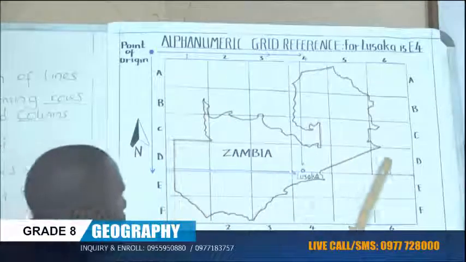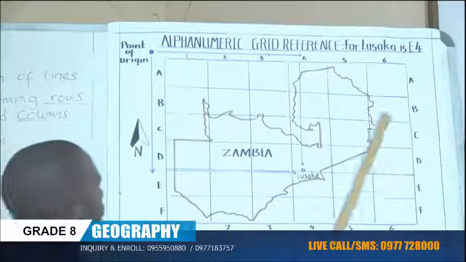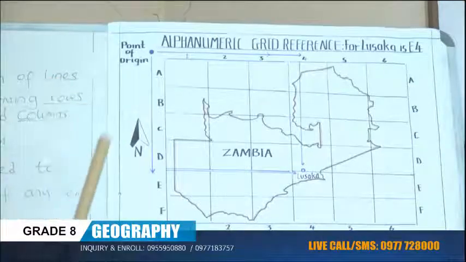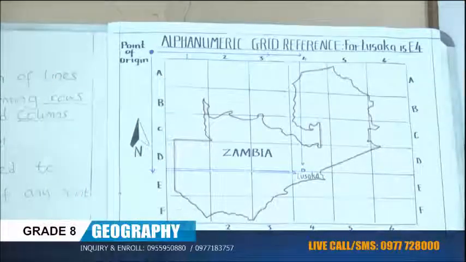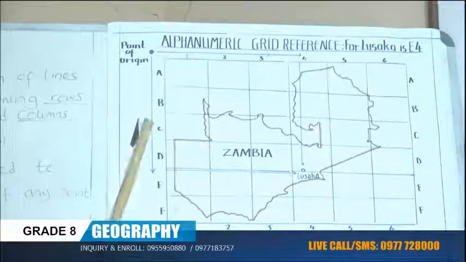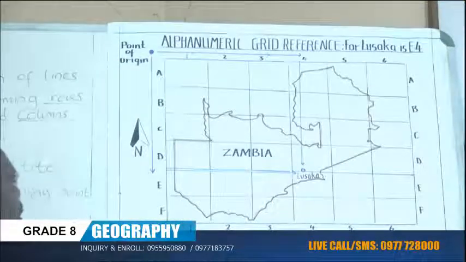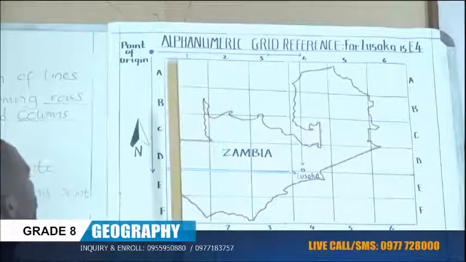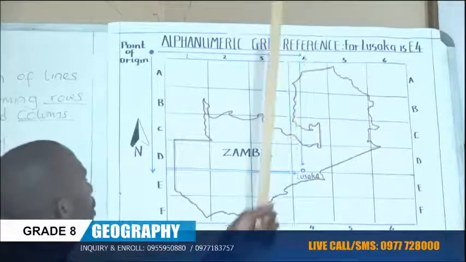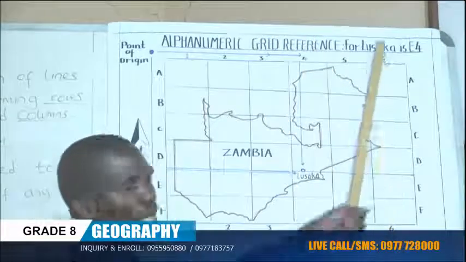This is row number 3, row number 4, row number 5, and row number 6. Then, from bottom to top, or top to bottom, this is column number 1, column number 2, column number 3, column number 4, column number 5, then column number 6.